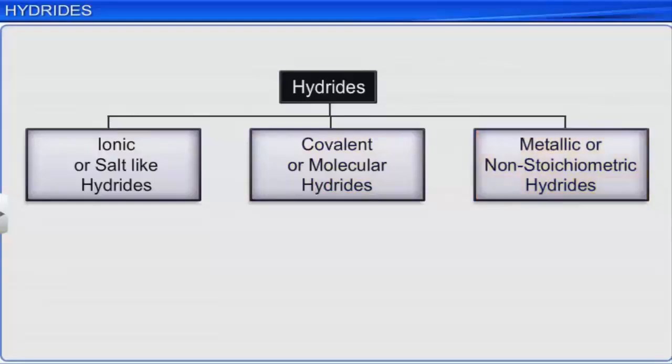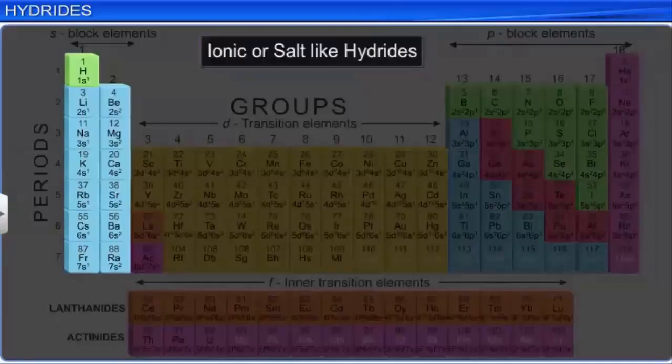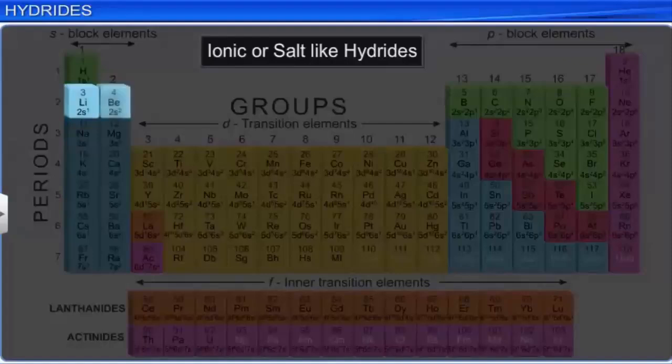Ionic or salt-like hydrides are binary compounds of hydrogen with s-block elements that are highly electropositive in nature. However, compounds formed with lithium, beryllium, and magnesium exhibit higher covalent character.